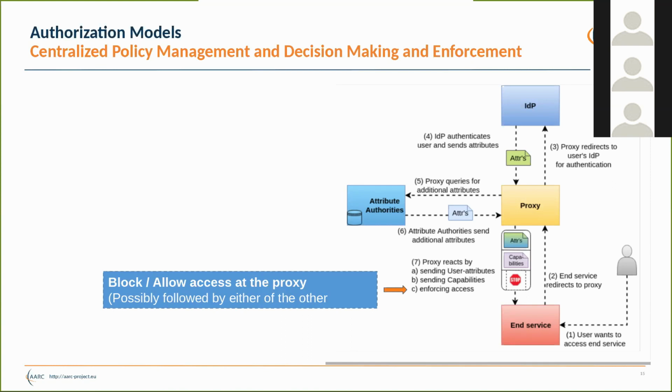So then the proxy can send either user attributes or capabilities or a combination to the end services to allow more fine-grained access control. So this is the end of the short introduction to the authorization work in the reloaded BPA, and I will give back to Nicolas to sum up the webinar.